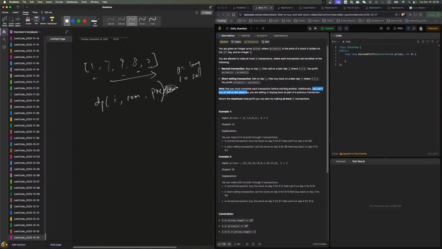When you start, previous doesn't have anything, so we also have -1, which is nothing. So we do DP[i], remaining, and previous.